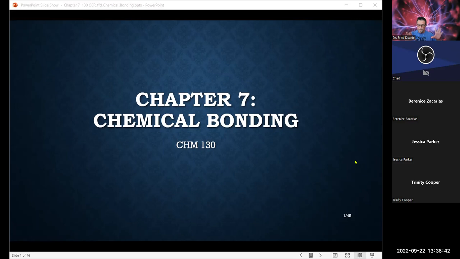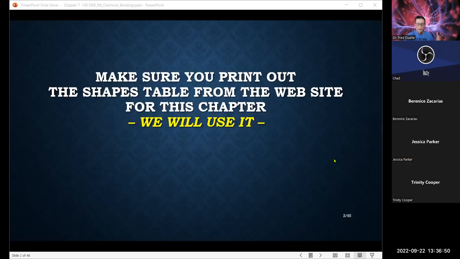So now we're going to start talking about the type of bond and how they come together. And I introduced that a bit earlier. We're going to get into more detail. Now, don't forget the shapes table. If you haven't printed that, you will need to print that, because the shapes table will be utilized quite a bit.